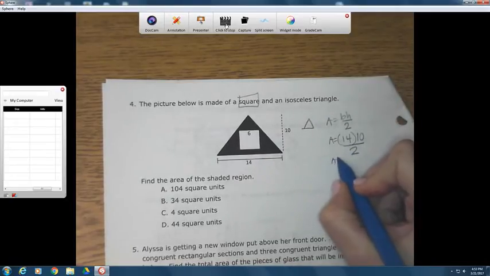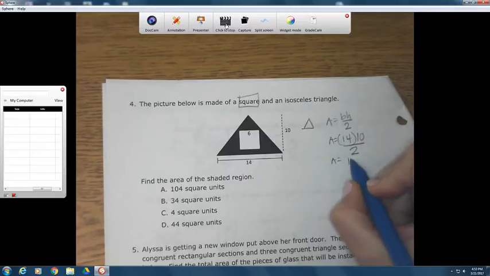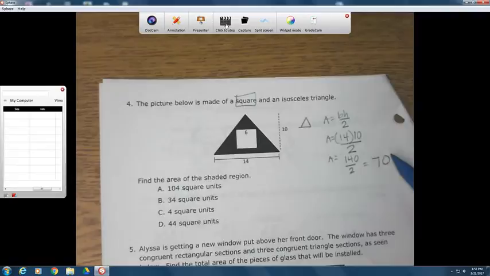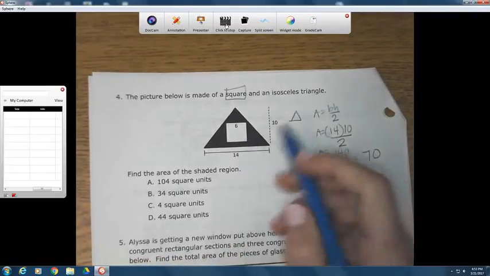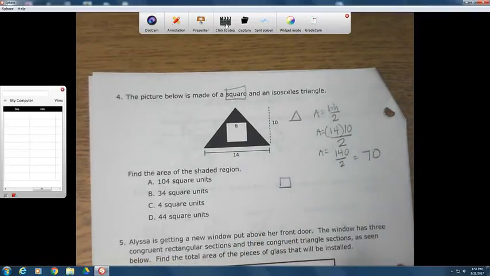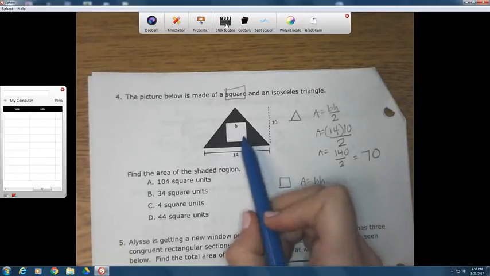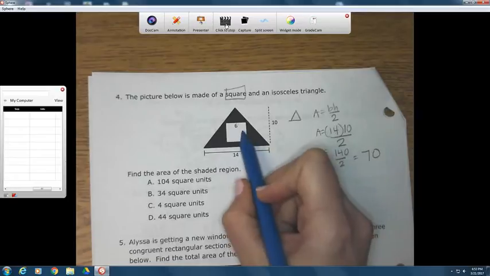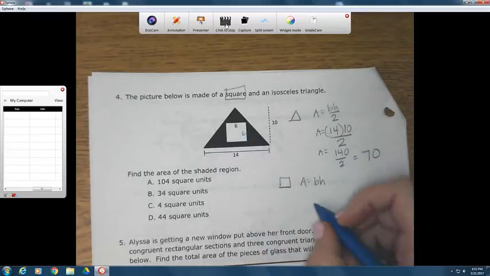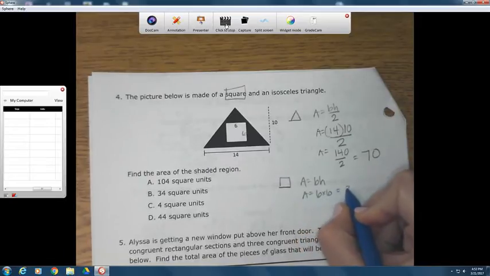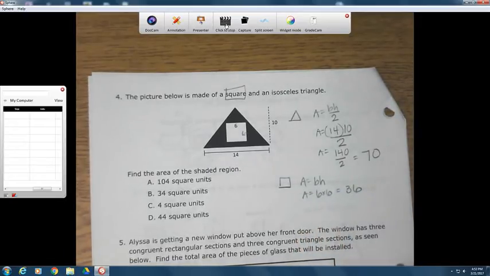So area equals 14 times 10 is just 140, divide by 2 is 70. That's the whole thing. I don't want the whole thing. I am now going to find the area of the square. Area equals base times height. So if one side is 6, my other side is also 6. So I'm just going to do 6 times 6, which equals 36.